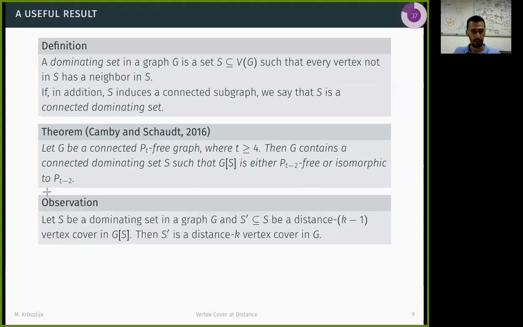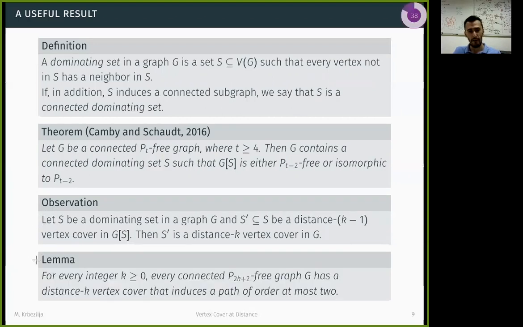Also, have a look at the following observation that says that if S is a dominating set in a graph G, and S prime is a subset of S that is also a distance k minus 1 vertex cover in the subgraph in G induced by S, then S prime is a distance k vertex cover in G.